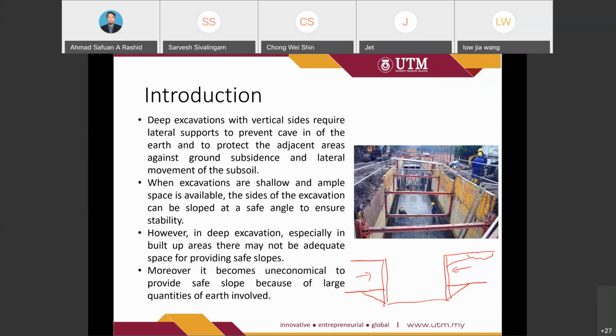However, in deep excavation, especially in built-up areas, there may not be adequate space for providing a slope.